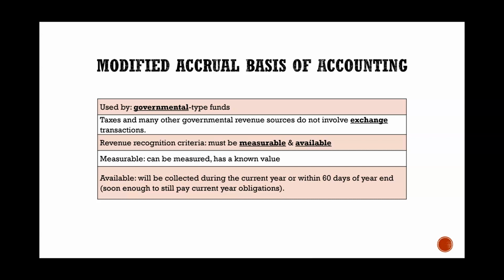We know that we're going to get $5 million in property tax revenue in our city, right? Available just simply means that it will be collected within the current year or soon enough after the year ends that we can still pay current obligations. In terms of this class, that's going to be 60 days. So collected during the current year or within 60 days of the year end.